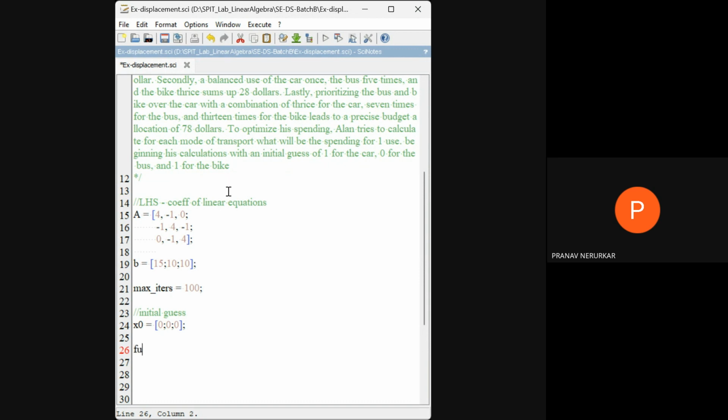Now for solving this, I will create a function. This function will take A, B, x and max iterations. So it will have four things: A, B, initial guess and max iteration. It will return the solutions which will be stored in variable x.